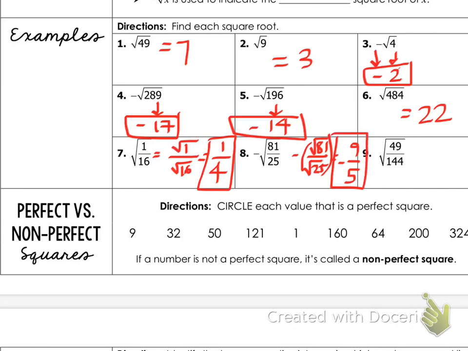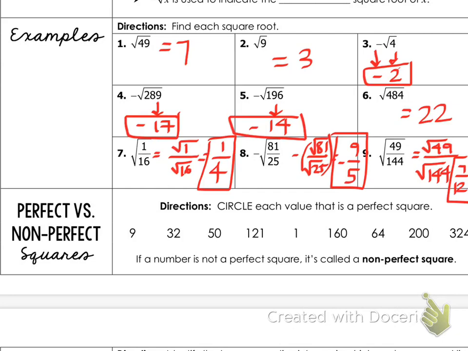So negative 9/5. And finally here, we have the square root of 49 over 144. Remember, you can break it out as square root of 49 over square root of 144. And when you do that, you'd end up with 7/12 as your final answer.